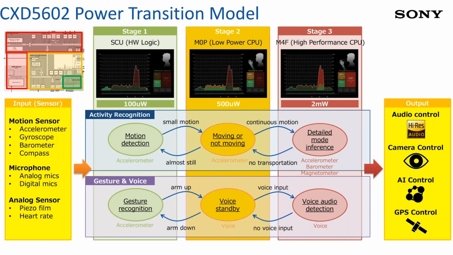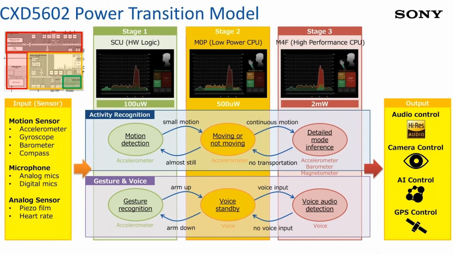What does it mean? A motion has been detected. Do I need to stay here, or do I need to get IO? If I need to stay here, I don't take any action. At this level, stage one, you are using only 100 microwatt. So this is the amount of power that you're using here. But if you need to access the IO, you need to go to stage two, the yellow one, which is going to increase the power.